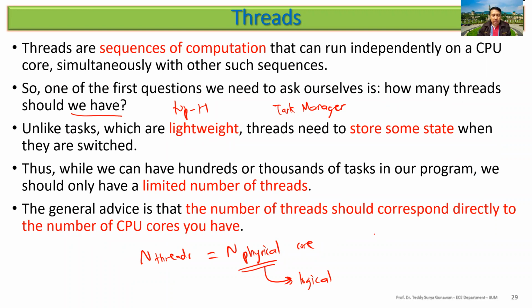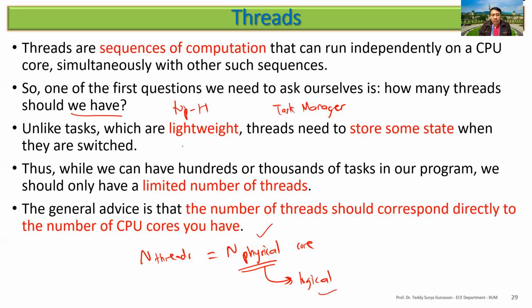Because with hyperthreading, whether you are using Intel or AMD processors, one processor looks like two, but implementation-wise it takes turns. It looks like it can do 2 instructions at the same time. That's why you have physical cores and logical cores.